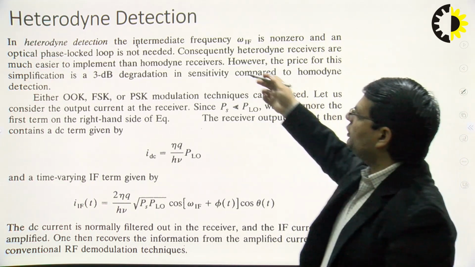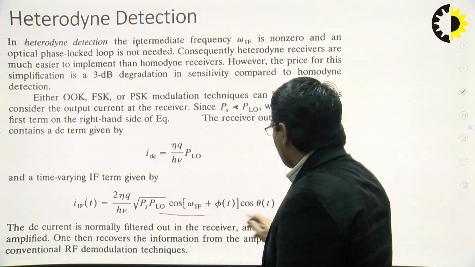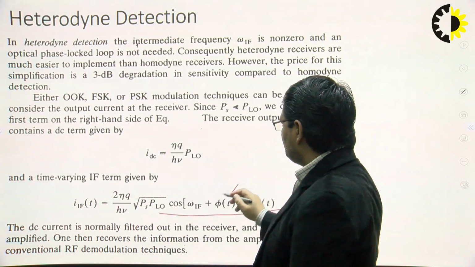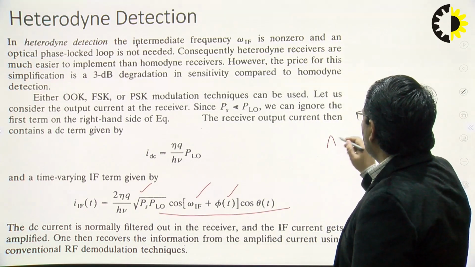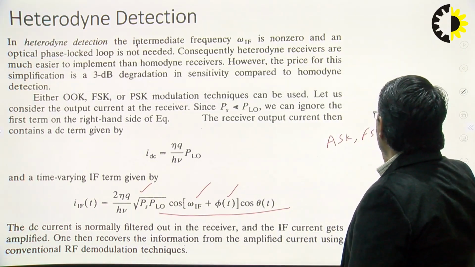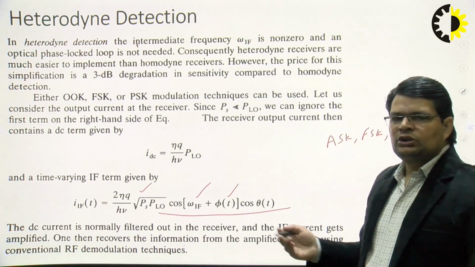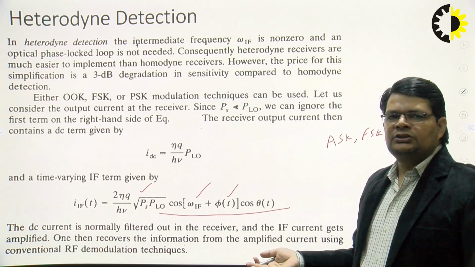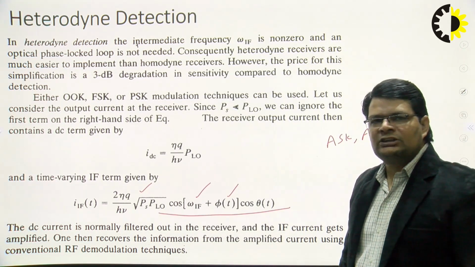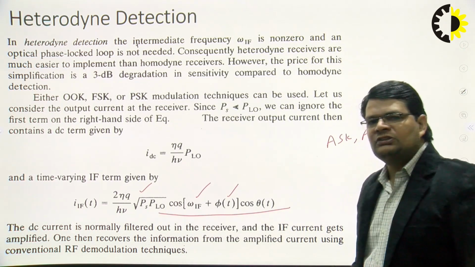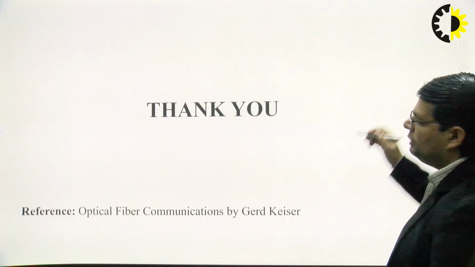And last, in the heterodyne detection, the equation remains the same, and we can see clearly that the phase term is there, the frequency term is there, and the magnitude term is also there. So in this case we can apply all of ASK, FSK and PSK, and it is quite simple, as there is no requirement of matching, so we can use simply any optical source as the local oscillator in the receiver for coherent detection, with no requirement of tuning circuit or PLL circuit.